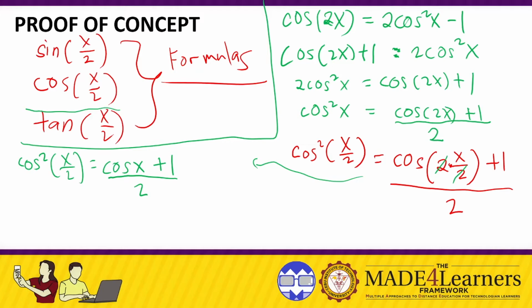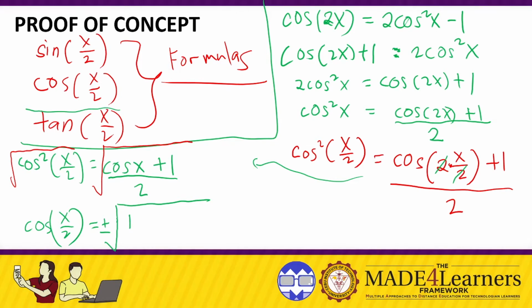Then we take the square root of both sides, because again our goal is to have cos x over 2. So we'll have cos x over 2 equals positive or negative square root of 1 plus cos x, over 2.